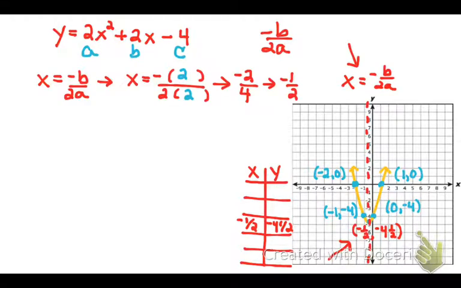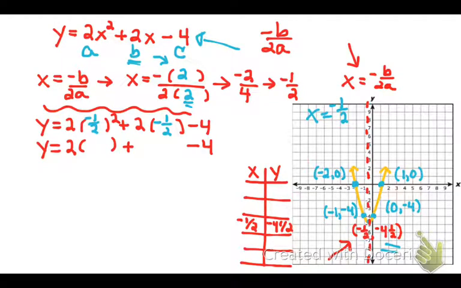I subbed in our b value, and the a value simplifies to negative 1/2. So x equals negative half is the axis of symmetry. It's the vertical line. Then to determine the vertex, we just substitute negative half back into the original equation and we'll find out the y.